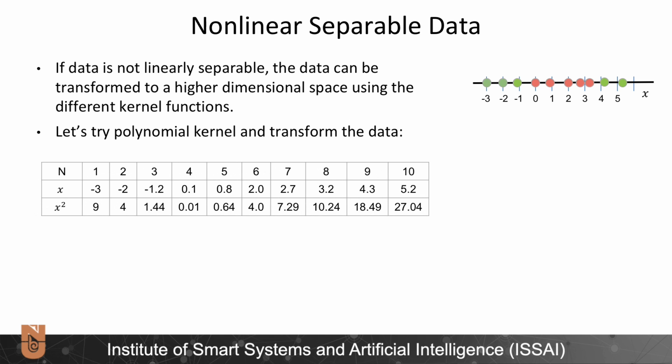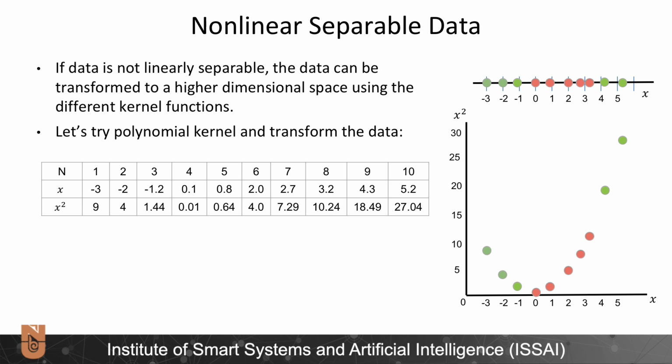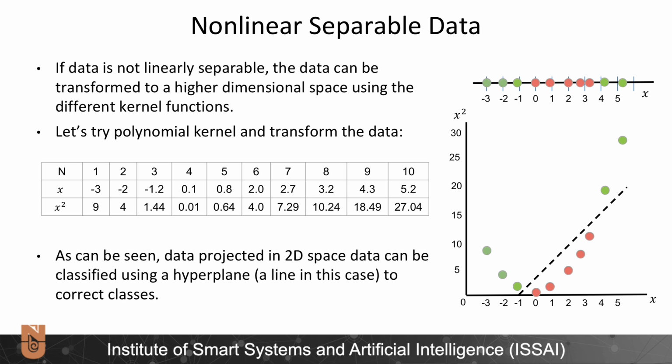In the second row, you can see our given data. The third row represents the transformed data with a polynomial of the second order. Now let's plot our data in 2D. As can be seen, data projected in 2D space can be classified using a line into correct classes.